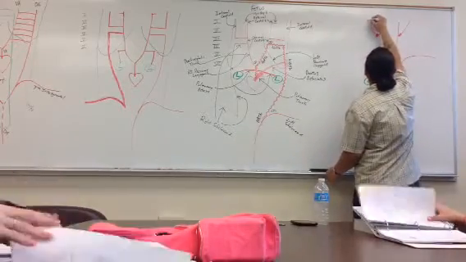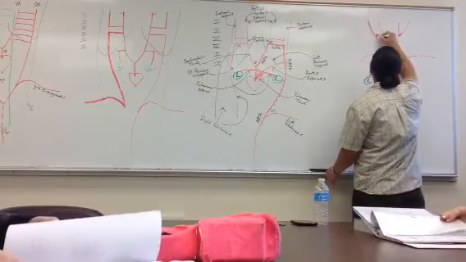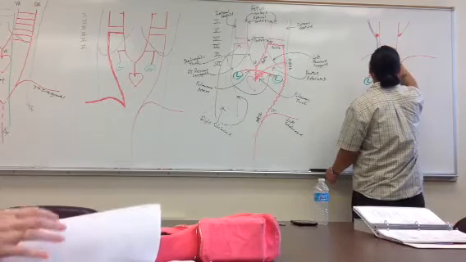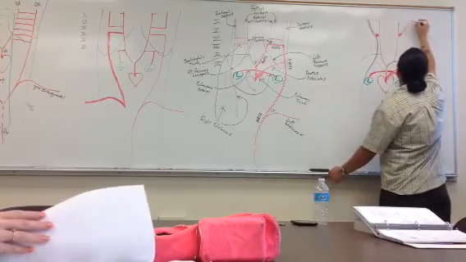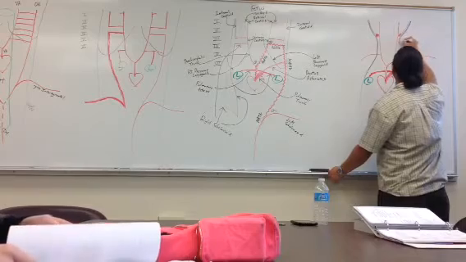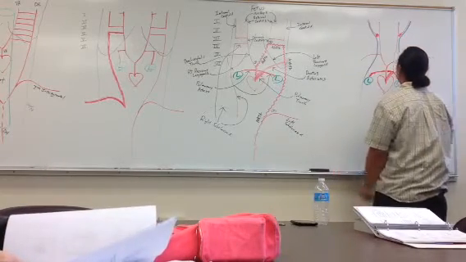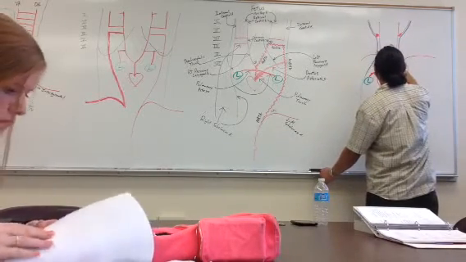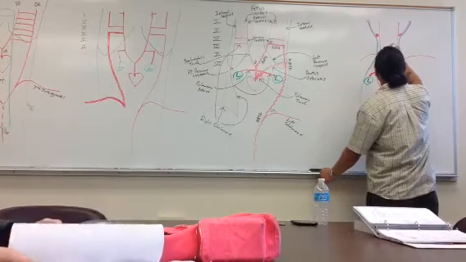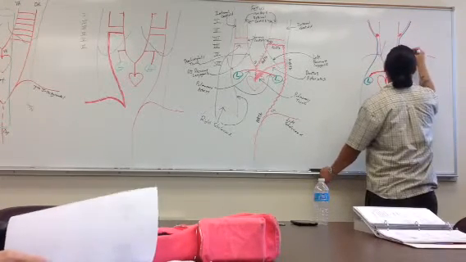There's one. There's the other right here. And the thymus. Six, right? It's more than four or five. Four?